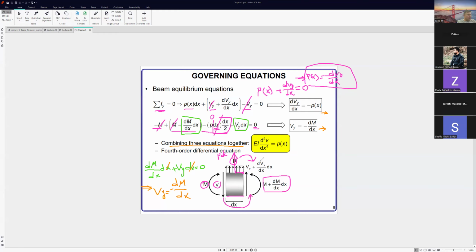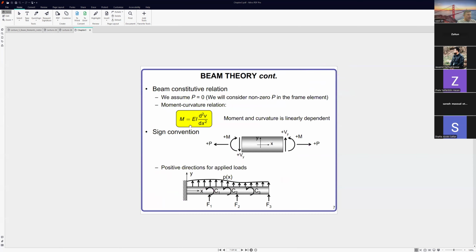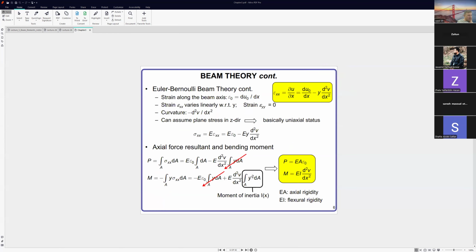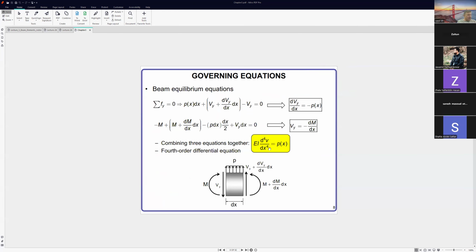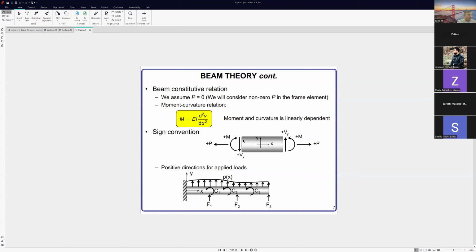If we go back again, we have M is equal to EI d square v over dx square. So it comes from this one, okay? M is equal to EI d square v over dx square.